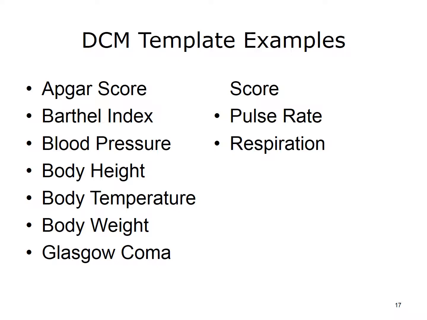DCMs are balloted, and a repository is being set up to include normative DCMs. Details about these DCMs can be found on the HL7 website. Examples include APGAR score, Barthel index, blood pressure, body height, body temperature, body weight, Glasgow coma score, pulse rate, and respiration.